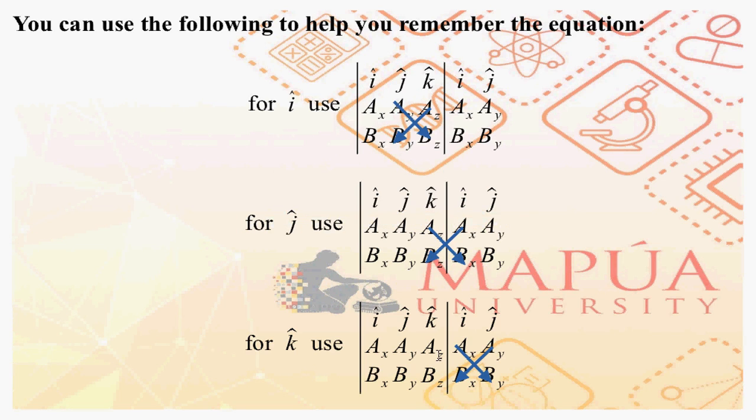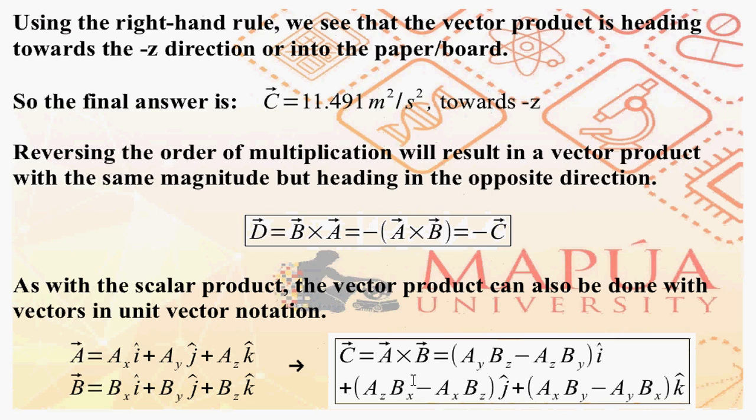And then move on to the next column, k hat. Cover k hat, and then cross multiply the i hat and j hat columns. So, AX BY minus AY BX, times k hat. So again, that's AX BY minus AY BX multiplied by k hat.